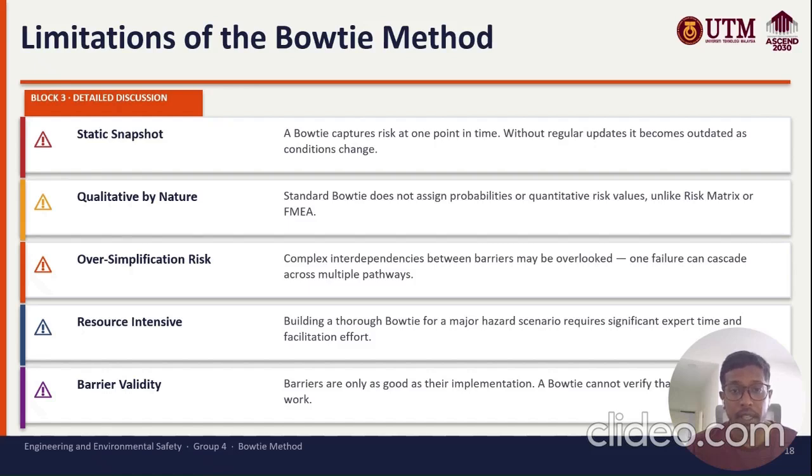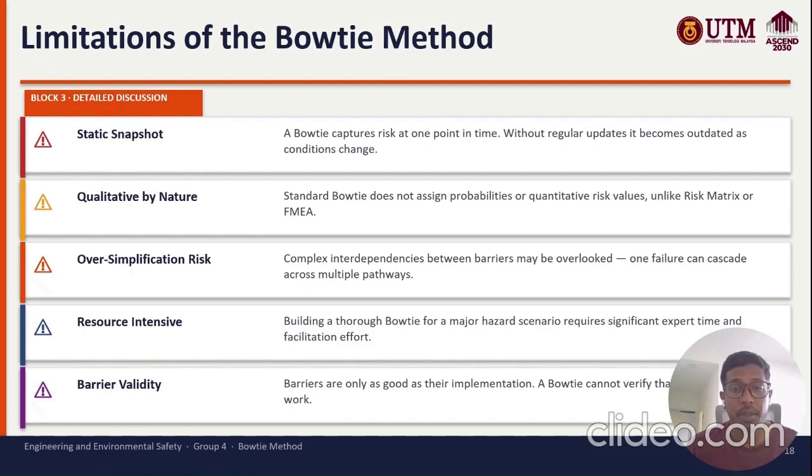Second, it's qualitative by nature. The standard bow tie doesn't give you numbers. It doesn't tell you that threat A has a 5% probability of occurring or that barrier B reduces risk by 80%. For that level of quantification, you need the FMEA. Bow tie tells you what the barriers are, not how effective they are in quantitative terms.